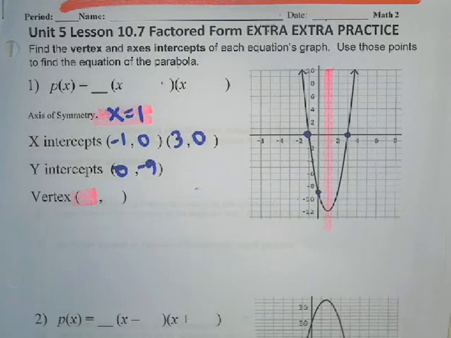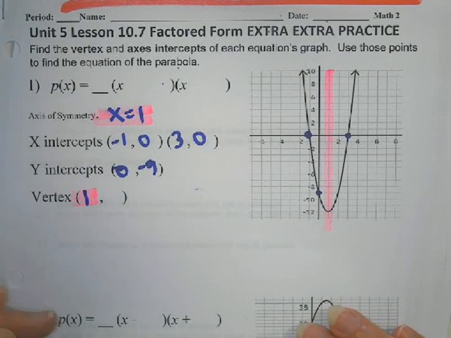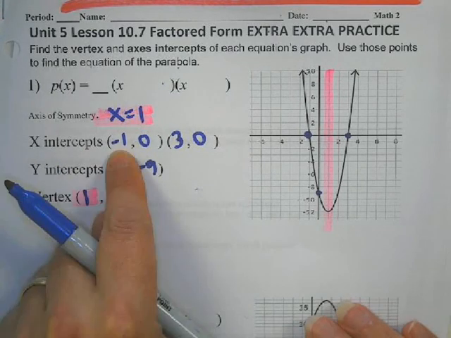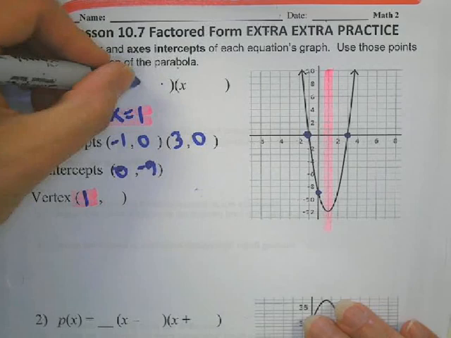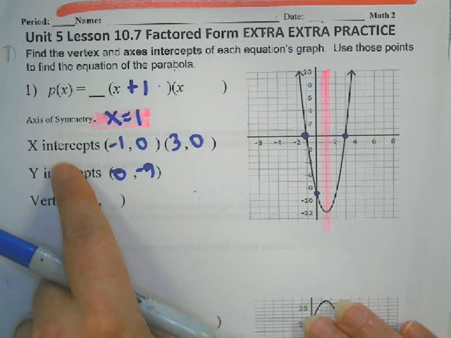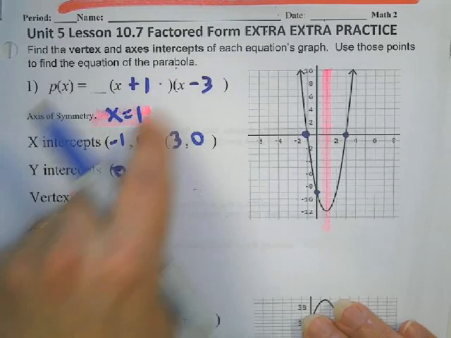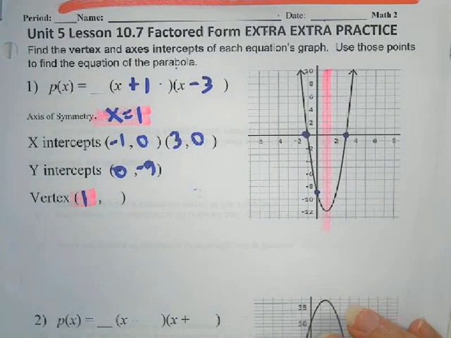The vertex is on the axis of symmetry. If I know my x-intercept is -1, I can have x plus 1. My x-intercept is 3, I can have x minus 3. Remember, it needs to be the opposite sign in order to be a factor. So we could do all of this without any calculations so far.